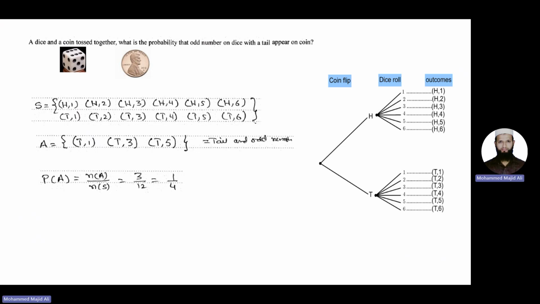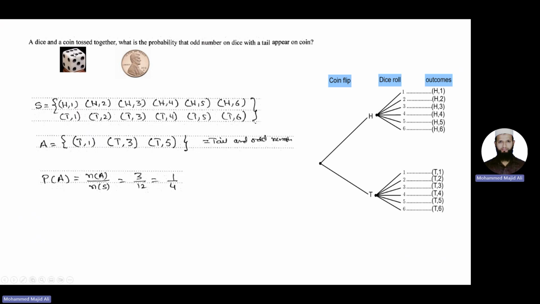So here we are simultaneously tossing a coin and throwing a dice together. What is the probability that you will get an odd number on the dice and a tail on the coin?